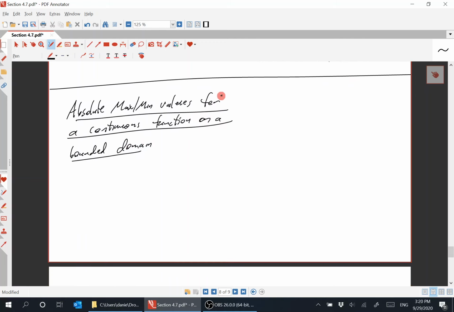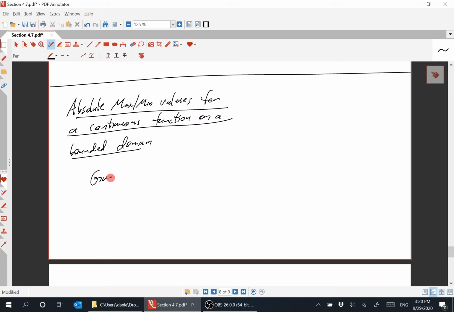And the basic fact here is the following. Given z equal to f(x,y) on some domain R, some finite measure domain, finite area, bounded domain, we'll say.